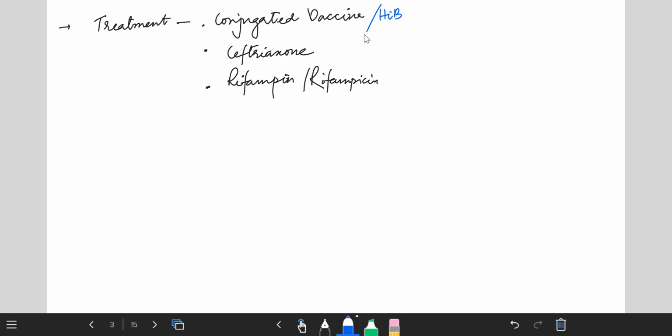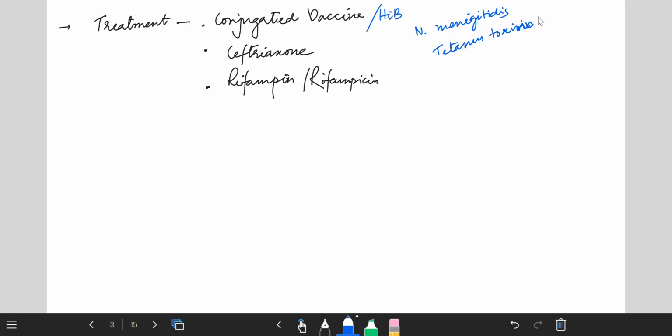Now to make the conjugate vaccine, the antigens used to form a conjugate with the PRP are obtained from Neisseria meningitidis or from tetanus toxoid.